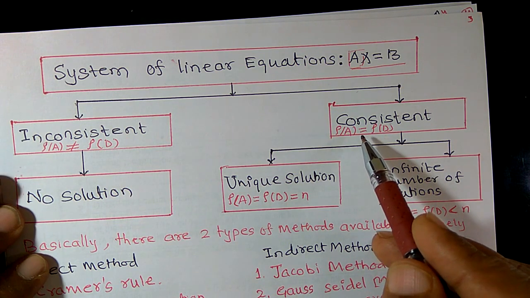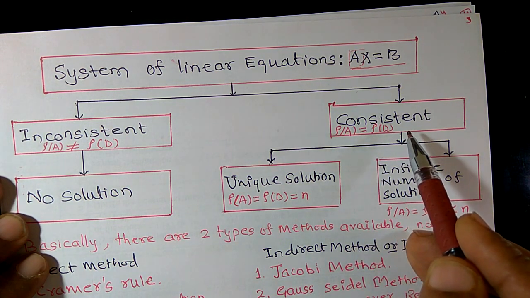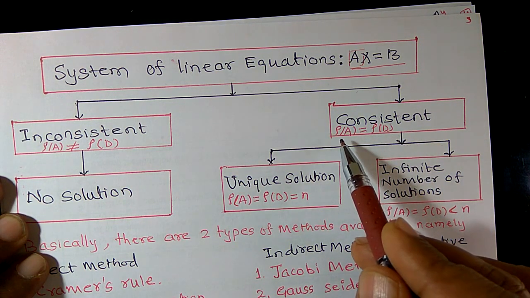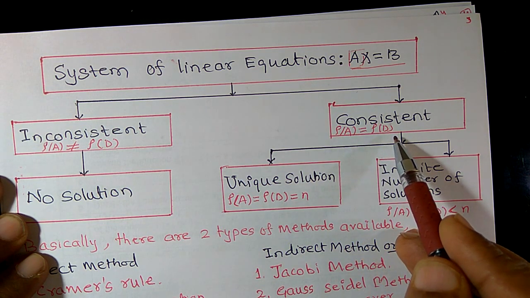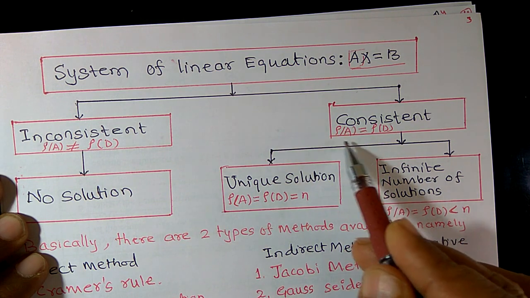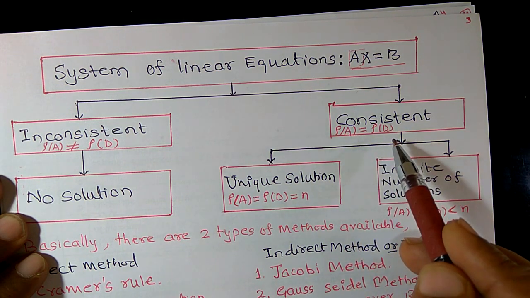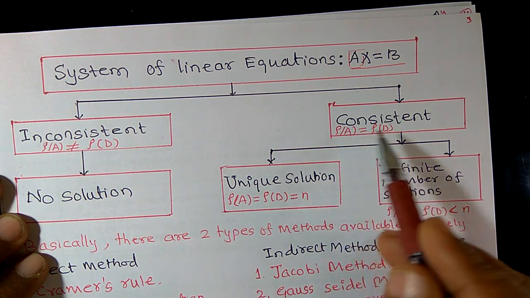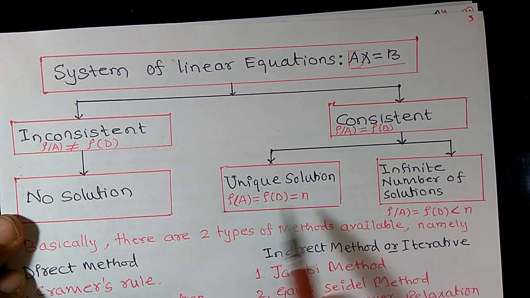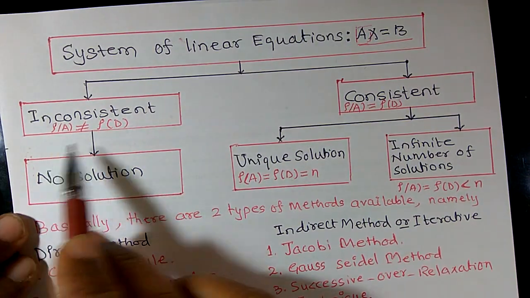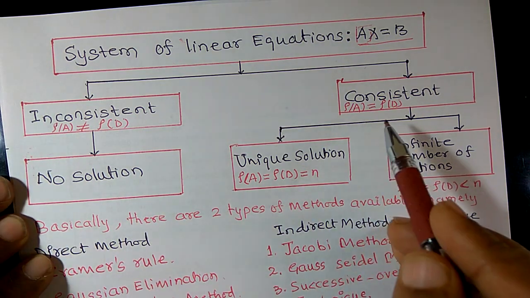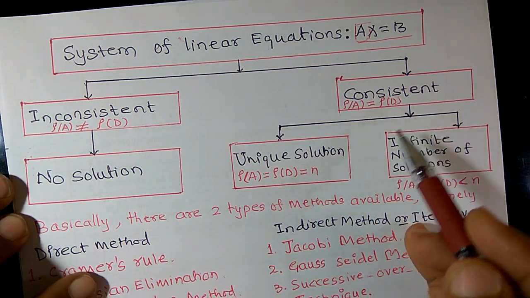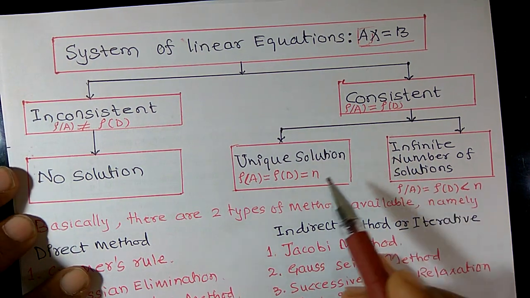We say that a system of linear equations is consistent if the rank of A is equal to the rank of the augmented matrix. In that case, the system is consistent. When the system is inconsistent, you will not get any solution. When the system is consistent, in that case you will get a solution.